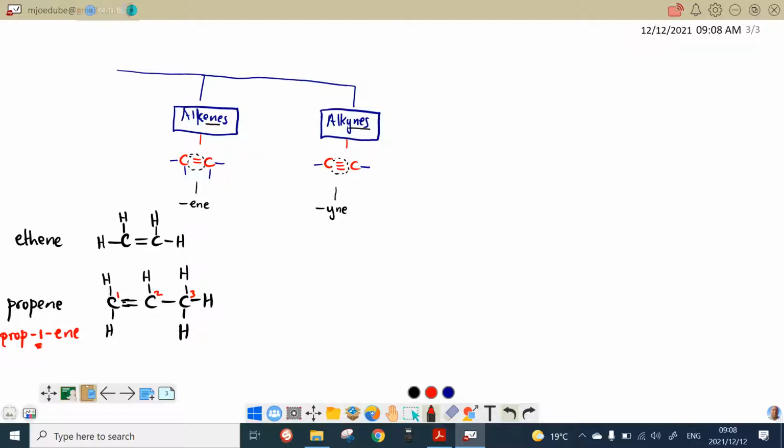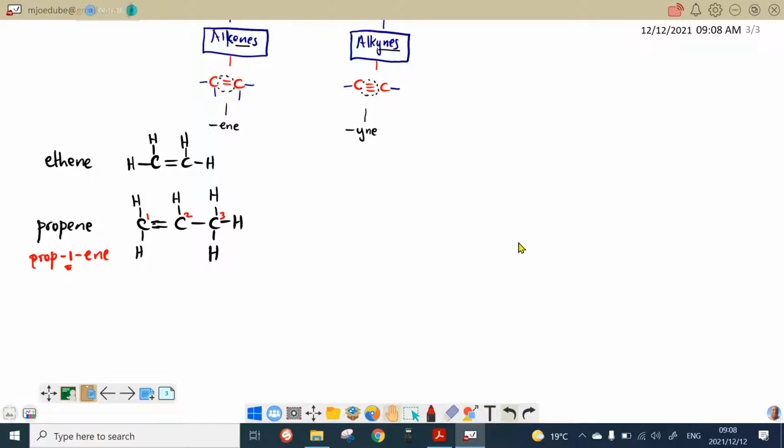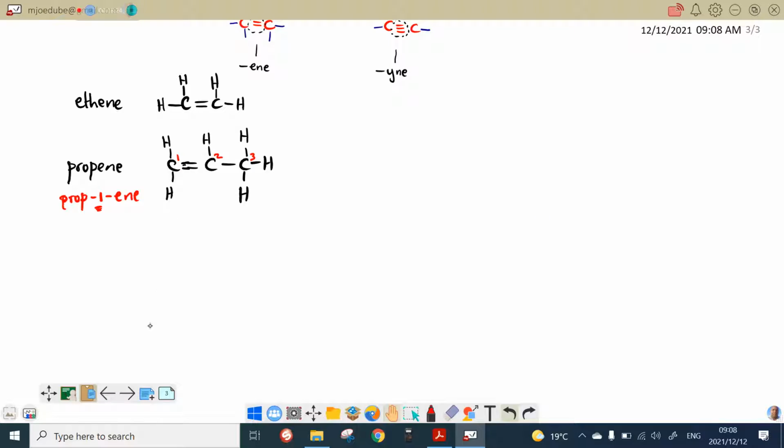All right. So let us look at the next compound, which is going to be the compound with 4 carbons. So we can have a situation whereby you've got that double bond on carbon number 1, and then 2, 3, 4 carbons.